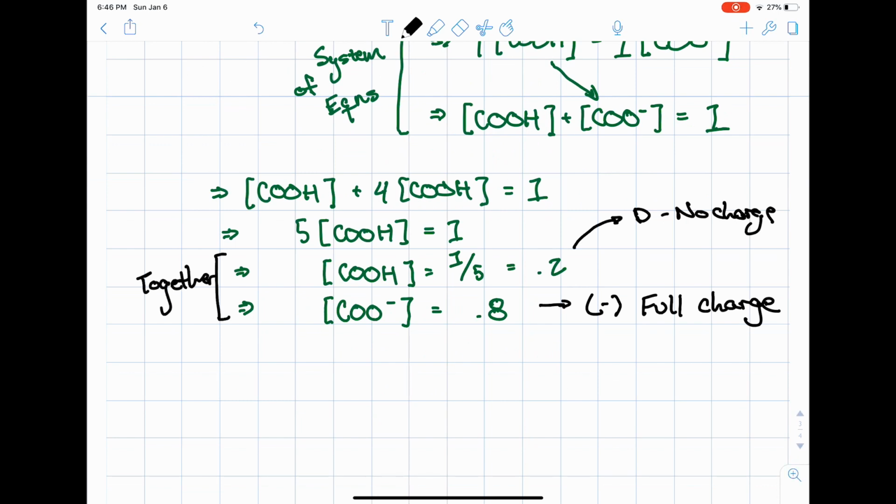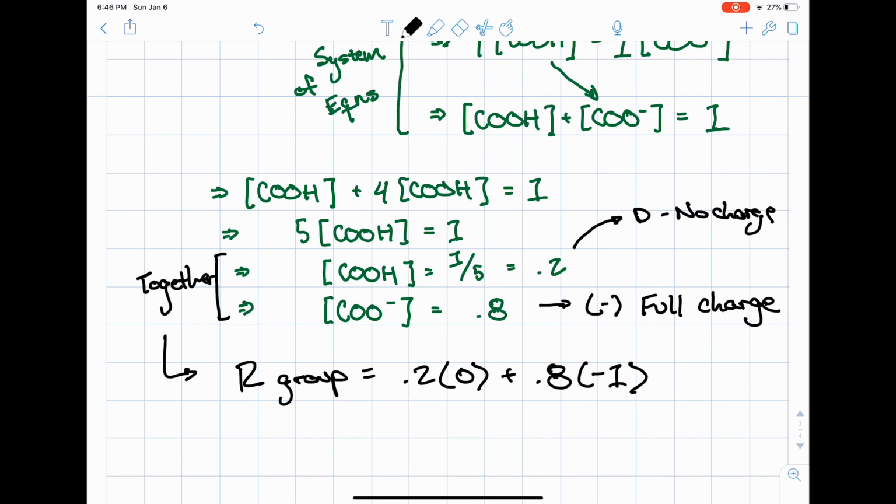Together, the R group could be set up as 0.2 times 0, the no charge, plus 0.8 times -1, which is the full negative charge, and working out the math, you would get -0.8. This would be your charge for the R group.